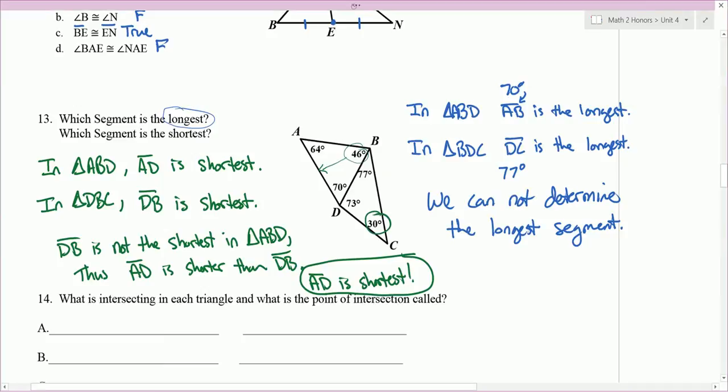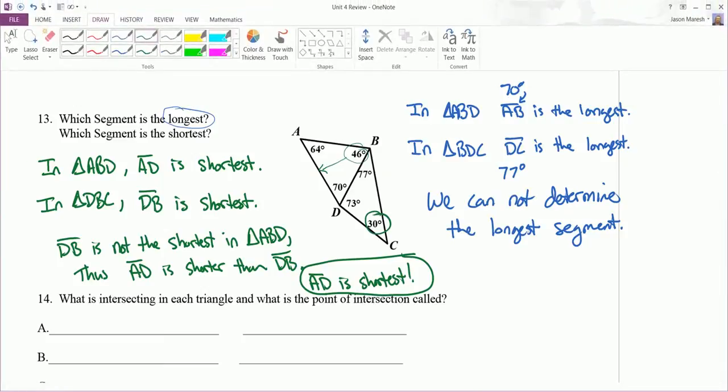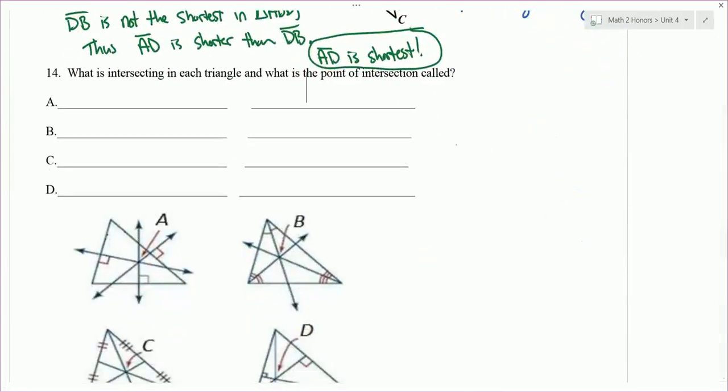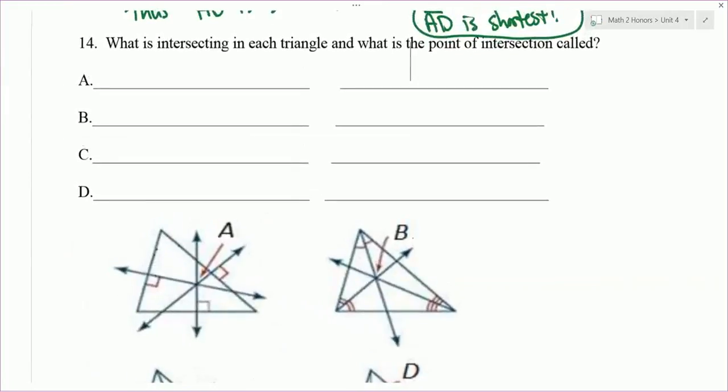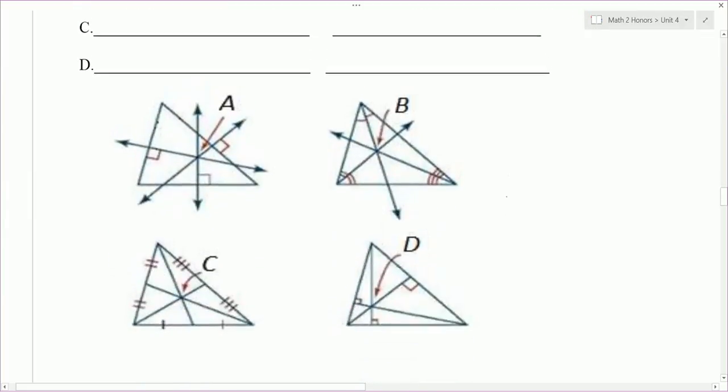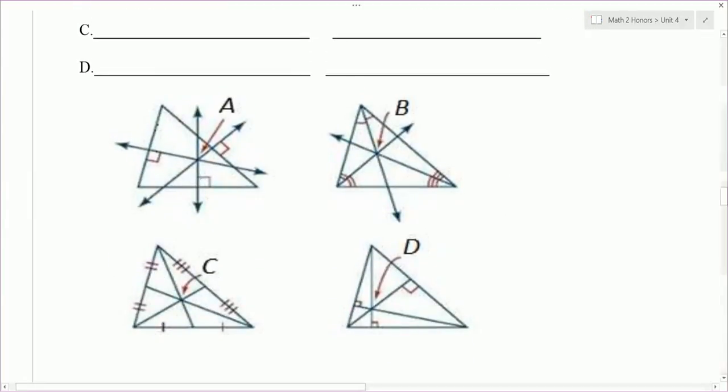Okay, number 14. What is intersecting in each triangle, and what is the point of intersection called? So if we look at triangle A, what's happening in triangle A is we have perpendiculars that are drawn in. So each segment is perpendicular to its side.